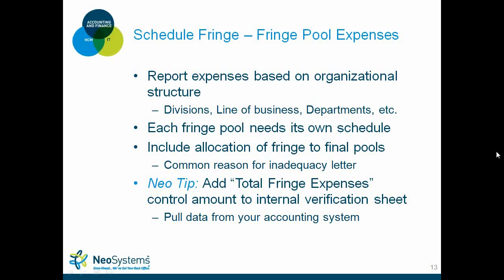This is something that we've been seeing in terms of inadequacy letters, so ensure that you're doing that. One of the recommendations, of course, is the same, which is have that control amount, put it into a cell and compare it against what you have in the schedule.